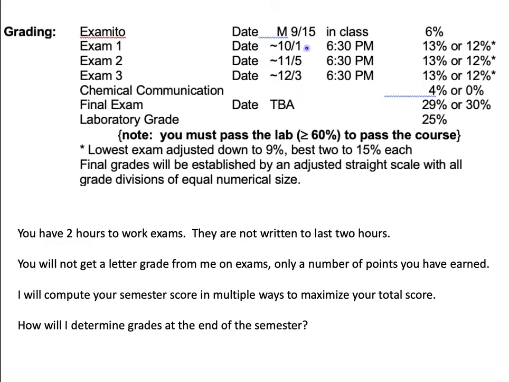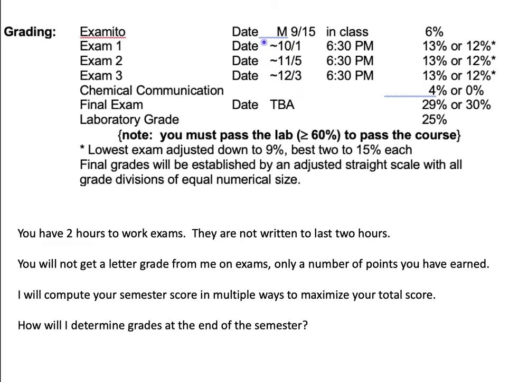And so the examito is going to be on Monday, September 15th. It will be worth 6% of your grade in the class. The course has 1,000 points in it, and so 6% means that that will be 60 points. So all of the exams and all of the labs will have a number of points available, and for the examito, the number of points will be 60.